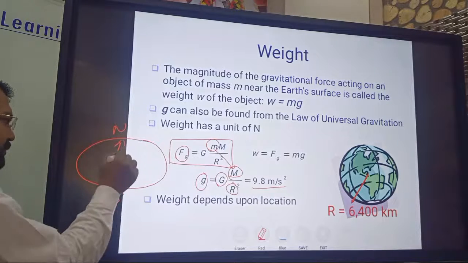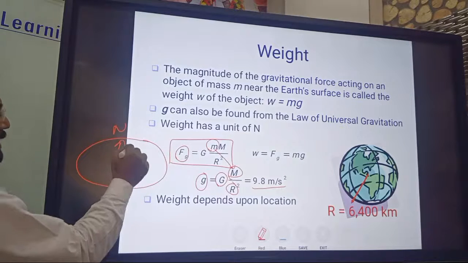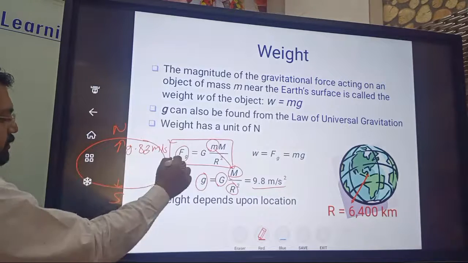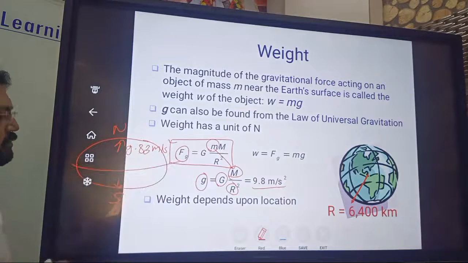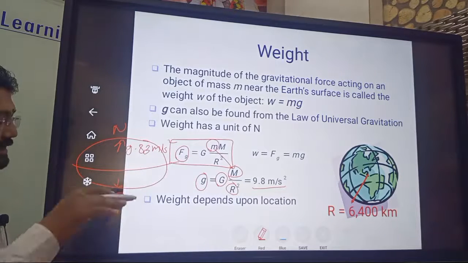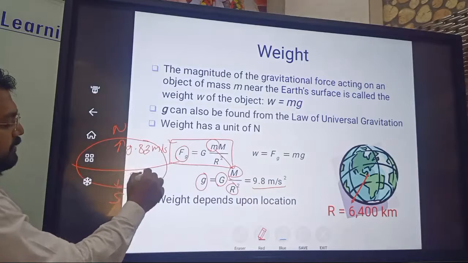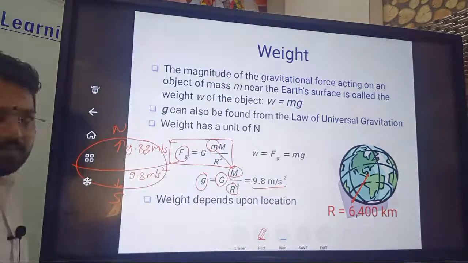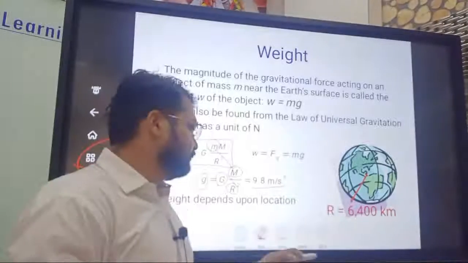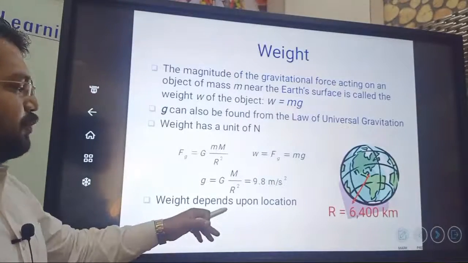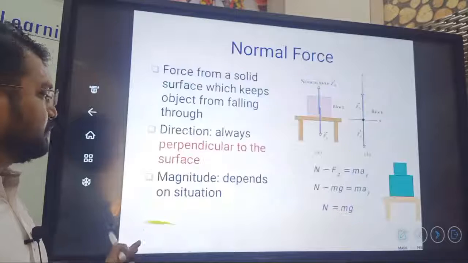So here the gravitational pull is 9.83 meter per second squared, and on the center line we have 9.8 meter per second squared. Fine. Yes, sir. Weight depends upon location.